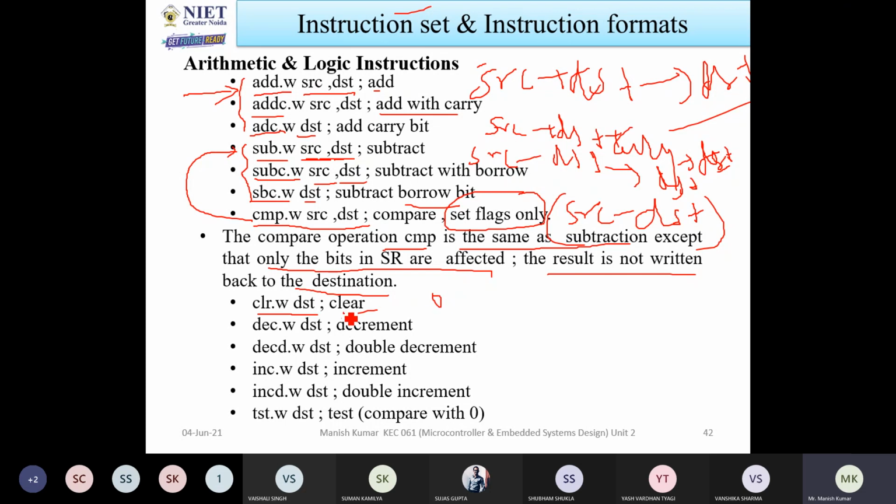Same way, if you want to decrement any register, then you can use dec.w, decrement by one. If you want double decrement, then you have to use decd.w dst. So what is the meaning of clr.w dst? It means that dst equals 0.